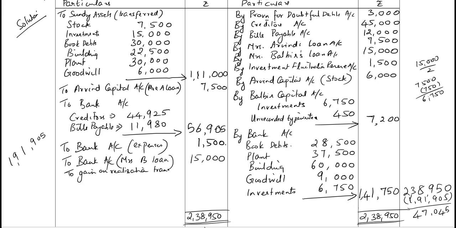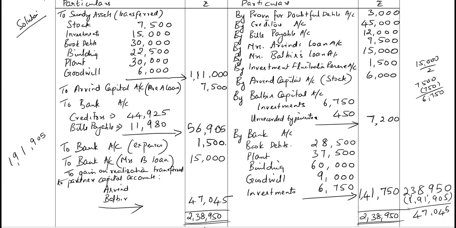So the gain on realization is transferred to partners' capital accounts, we have Arvind and Balbir. The total gain 47,045.